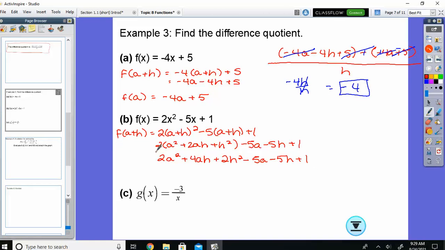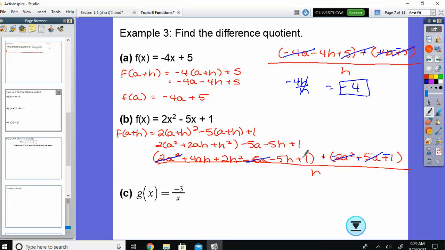Can I just do the difference quotient from here instead of rewriting all that? You guys okay with it? So difference quotient is f of a plus h, which is this thing, minus f of a, which would just be if you replace all of your x's with an a, over h. So if we run our negative through, 2a squared and negative 2a squared would drop out.